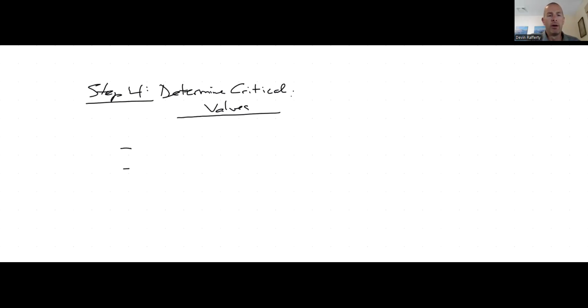Actually, you need 4 things because you need the Z, T, and F distribution, so you might want to have that handy. But in order to get the critical values, we need 3 things. We need to know, do we have a 1 or a 2-tailed test?